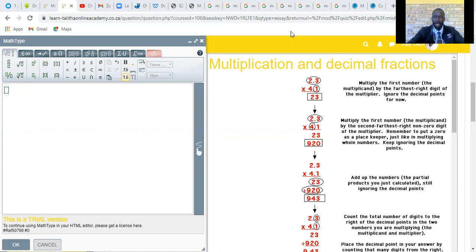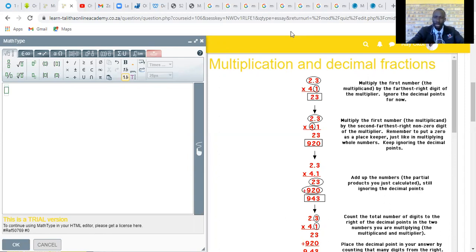Okay? Now, we have already seen the section on addition of decimal fractions. We also discussed subtraction of decimal fractions. Now we would like to use this time to discuss multiplication of decimal fractions.